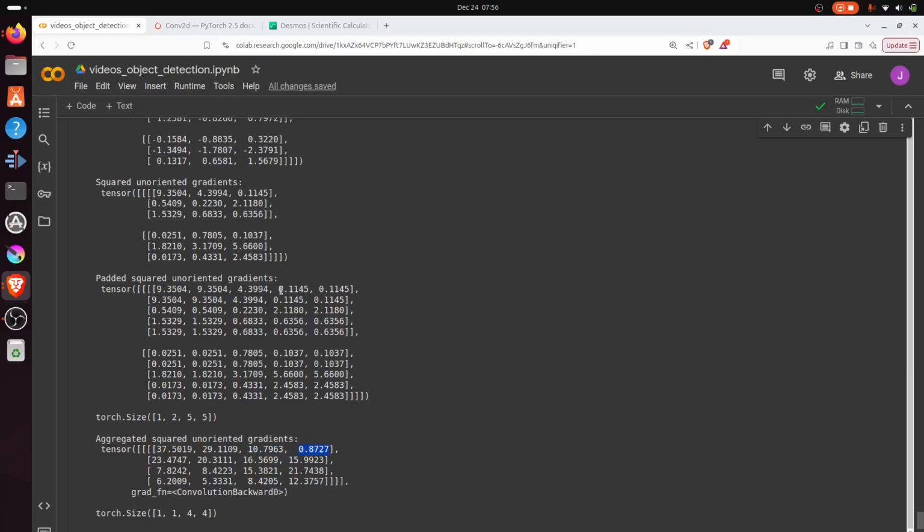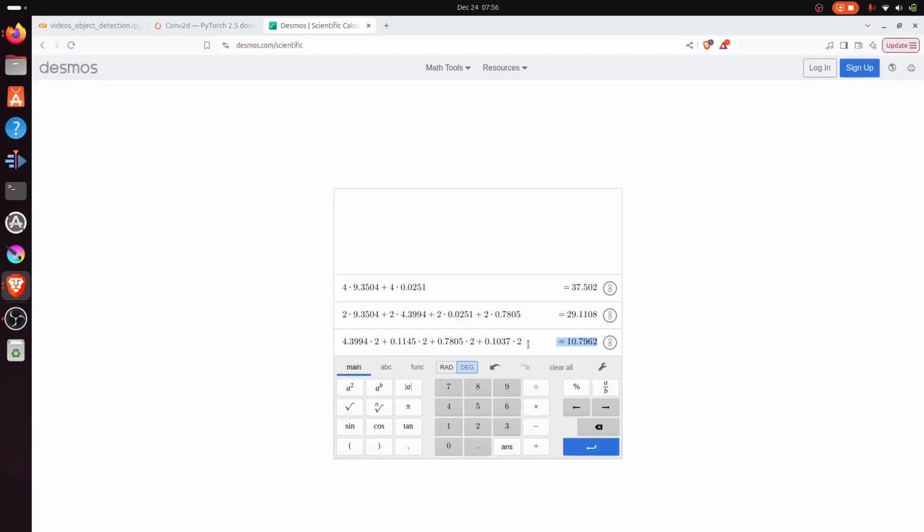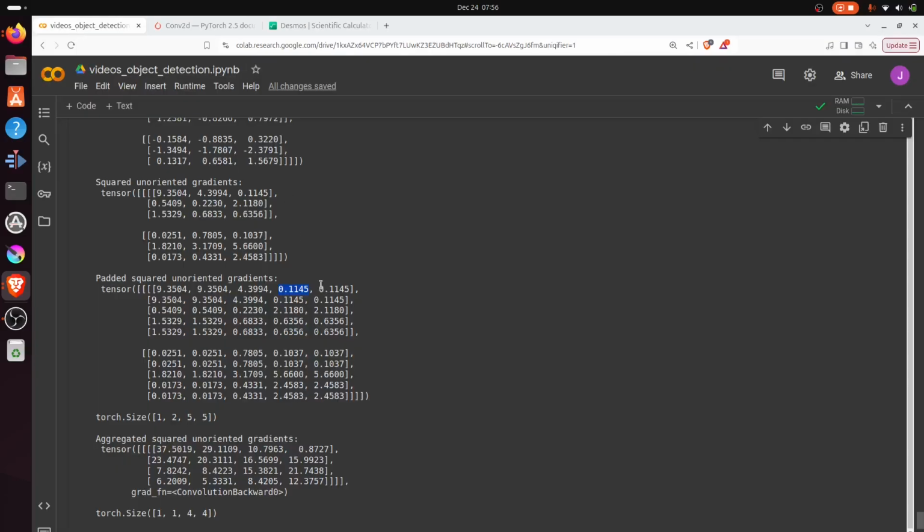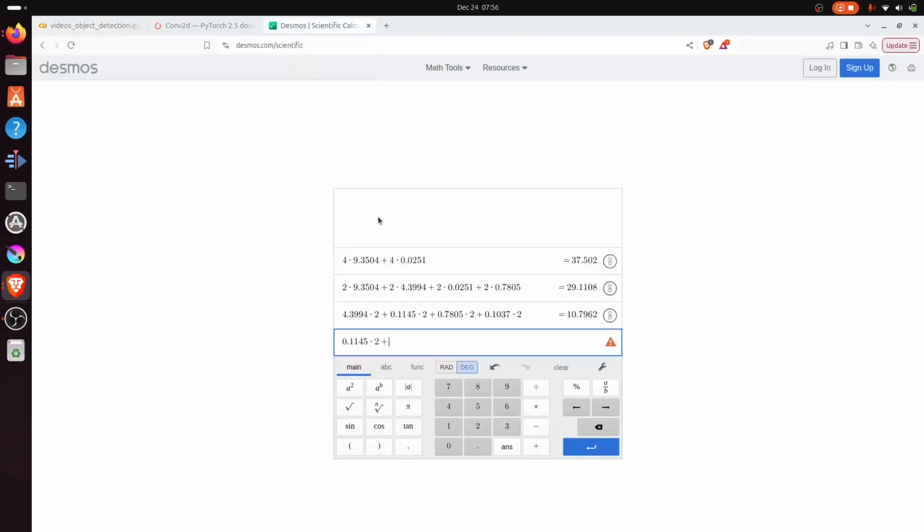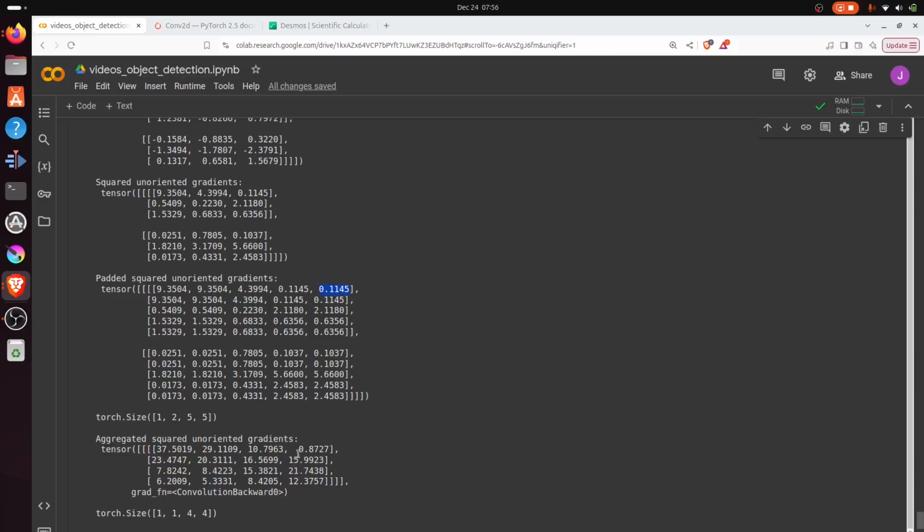And now finally let's reproduce this number. Same story. Take this number, multiply by 2, then actually now it's 4 because we are at the top right corner, so we have the same number 4 times. So instead of 2, put 4. And same story here.